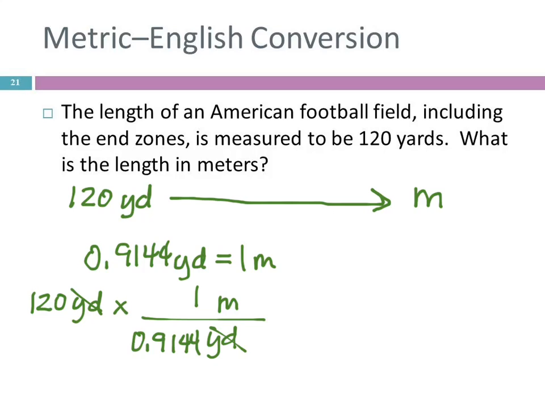Then we get out our calculator, and we take 120 and divide by 0.9144. And my calculator gives me this big old mess. 131.233596 meters.